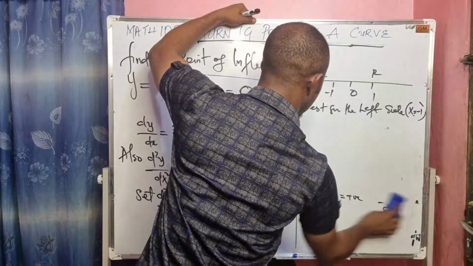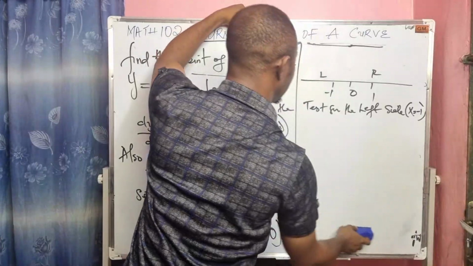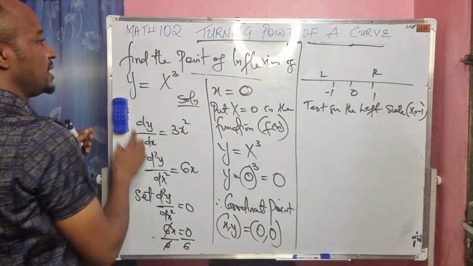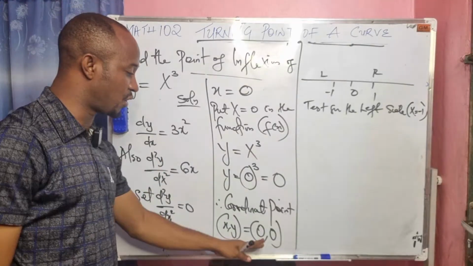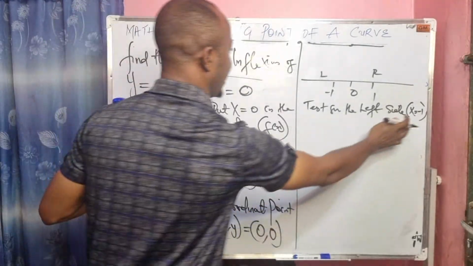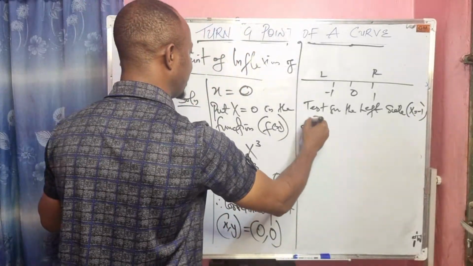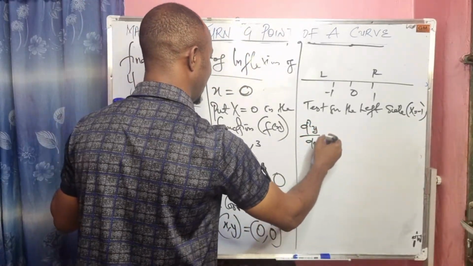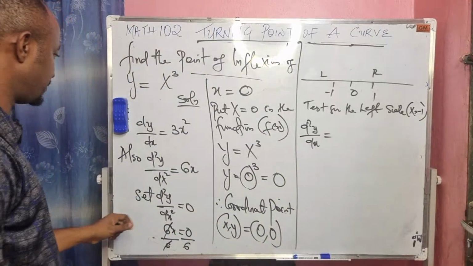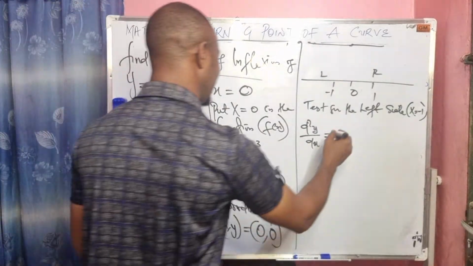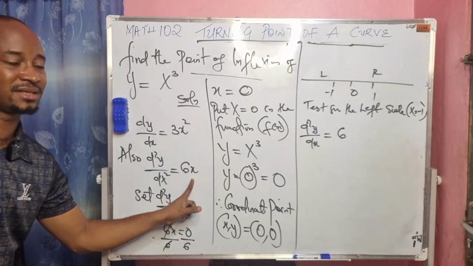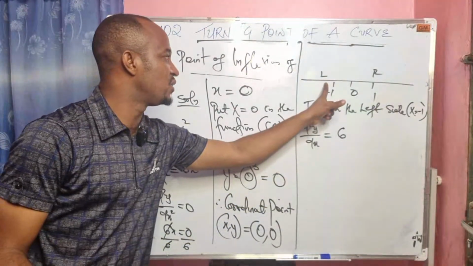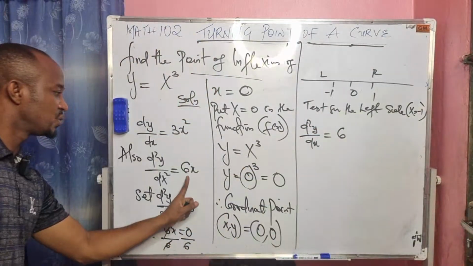So in this test, let's see if there is a change in sign. Once there's a change in sign, that means a point of inflection occurs. For x equals -1, our d2y over dx squared is 6x. I'll put my first value of x as -1 into the 6x.